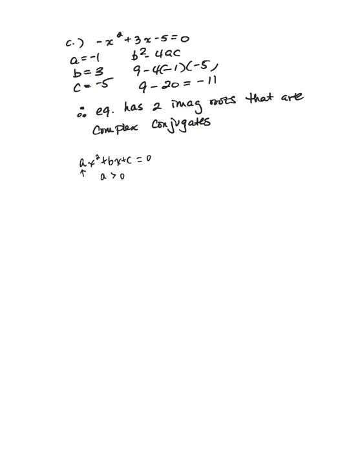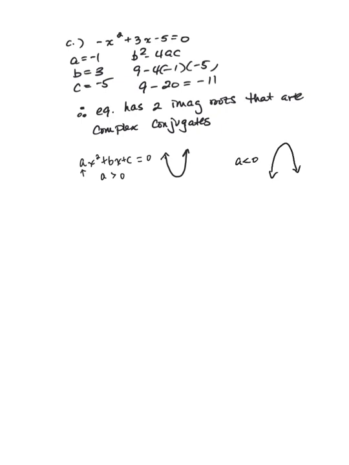When a is positive, that means the parabola is going to open up. It's going to be a smiley face. But when a is negative, it's going to be a frowny face. So keep that in mind.